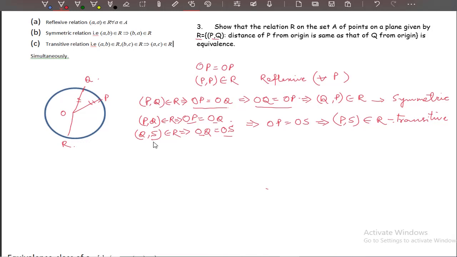How many points will be related with P? Actually, all the points on this circumference will be related to P. Am I right?